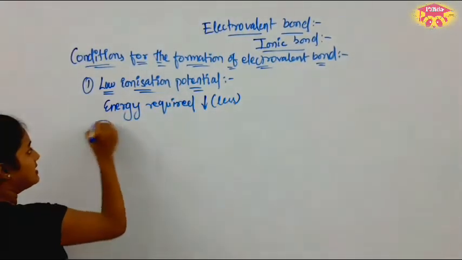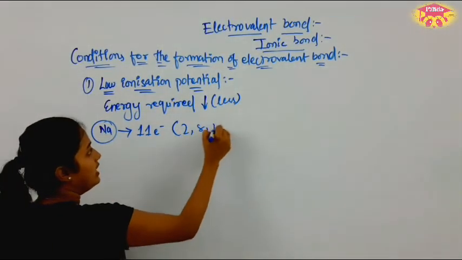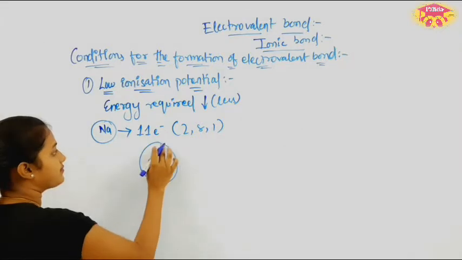For example, let us take the sodium atom, which contains 11 electrons, that is 2, 8 and 1, right?